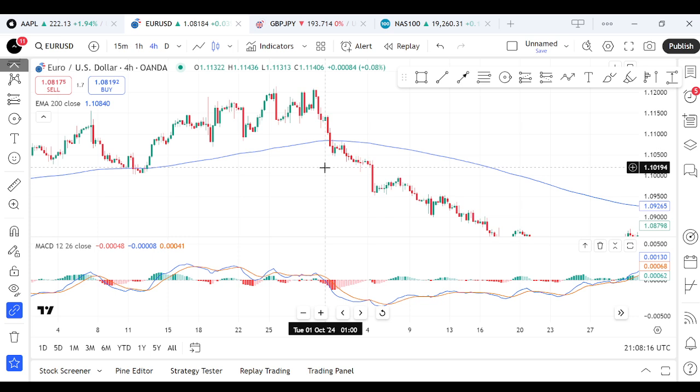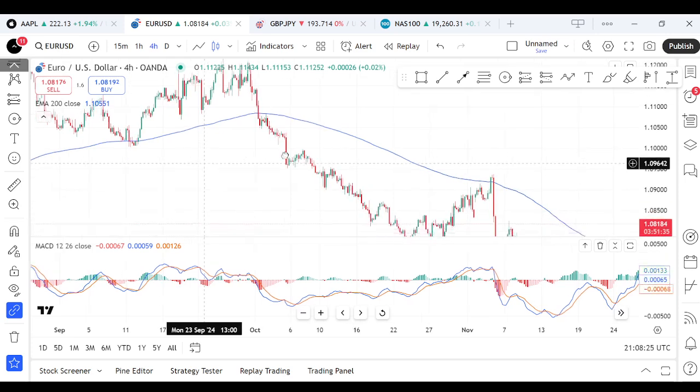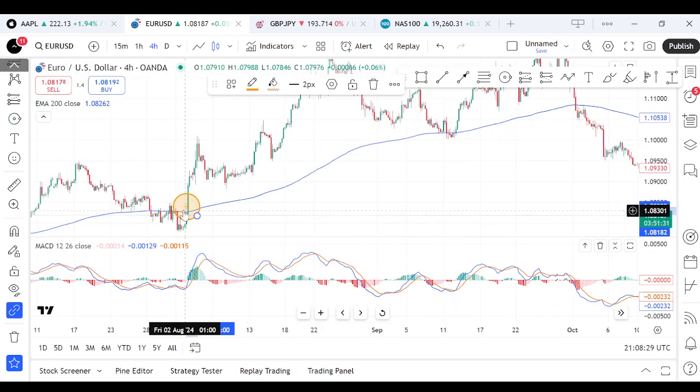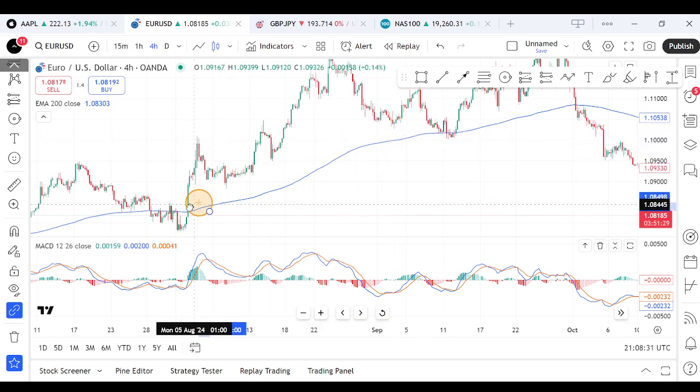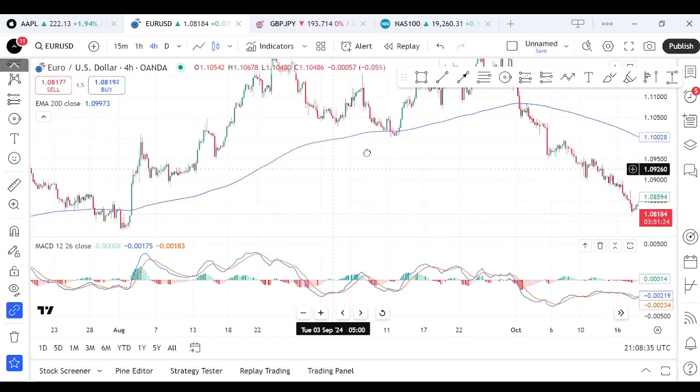You should check if price is above or below the 200 EMA. If price is above it, it indicates an uptrend, and if it's below it, it indicates a downtrend. Just like you can see, price being above this EMA suggests that we are in an uptrend and we should be looking for higher prices. So this helps us tell the trend.